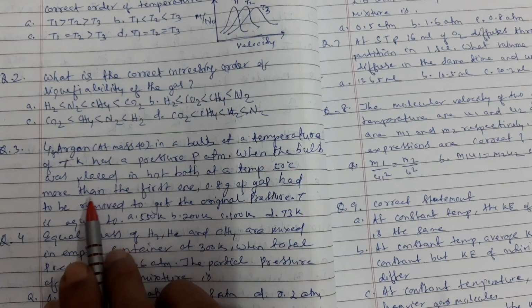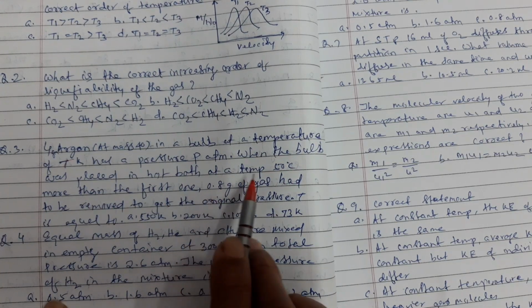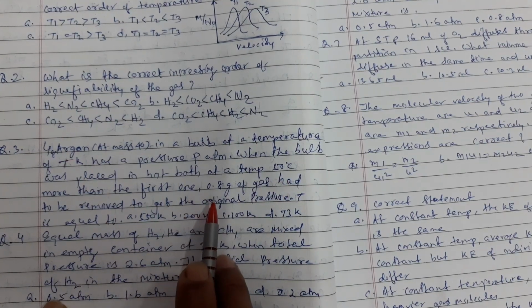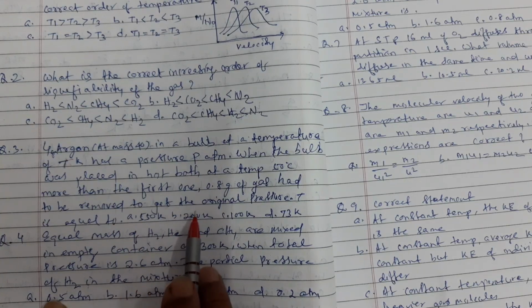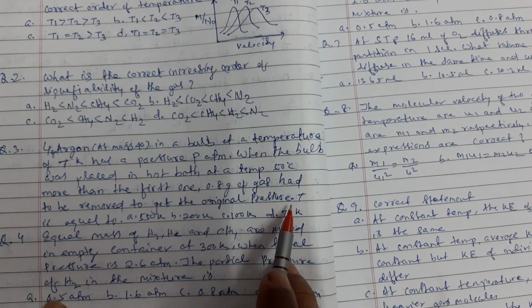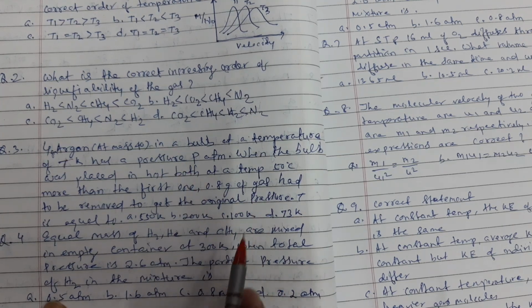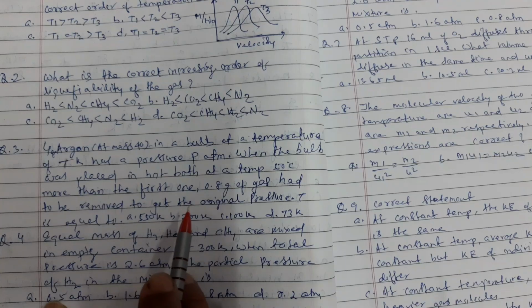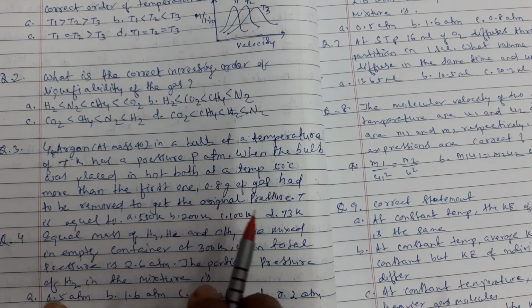When the bulb was placed in a hot bath at a temperature 50 degrees centigrade more than the first one, 0.8 gram of the gas had to be removed to get the original pressure. That means pressure remains constant in both the cases, and in the second case the temperature is 50 degrees centigrade extra.